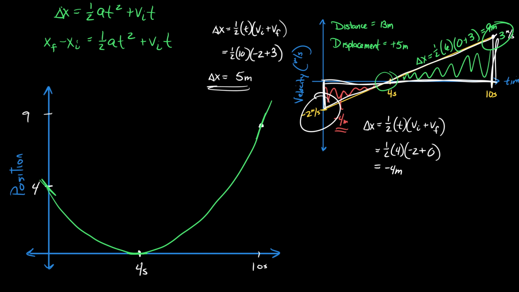Nothing surprising there. x final equals 1/2 times 0.5, 0.25 t squared plus vi, -2, times t, plus x initial, plus 4.